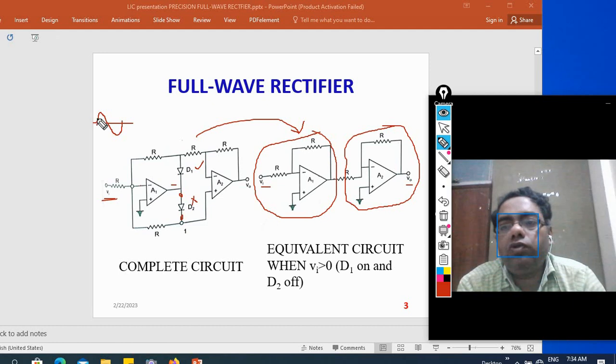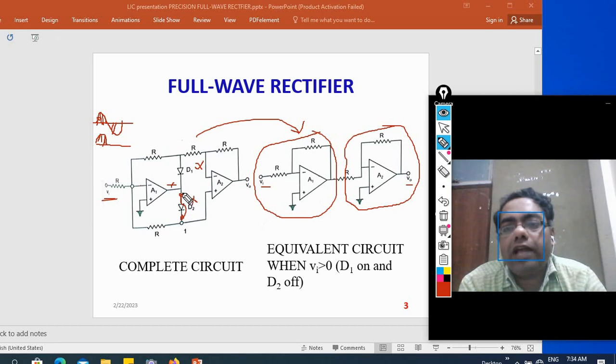That means when the input voltage is positive, the output voltage is also positive and it follows the input voltage. But if Vi is negative, then the output of this op-amp is sufficiently positive to make diode D1 off and diode D2 on.